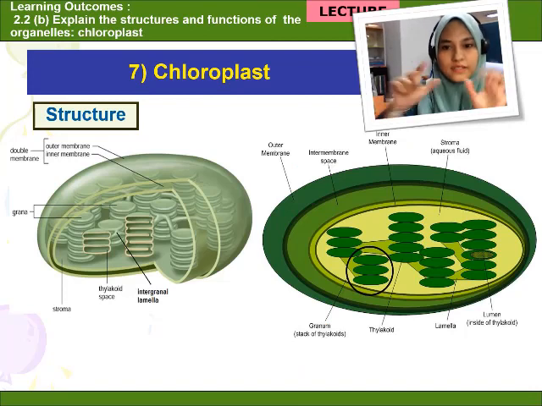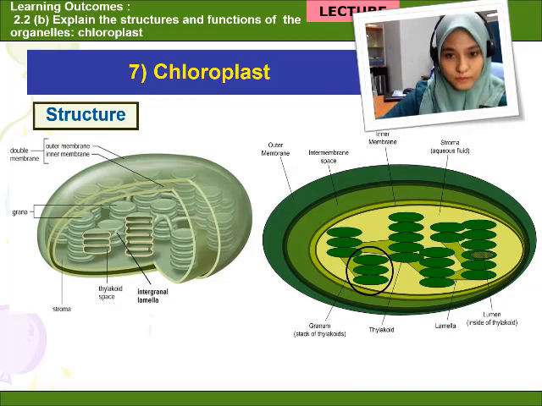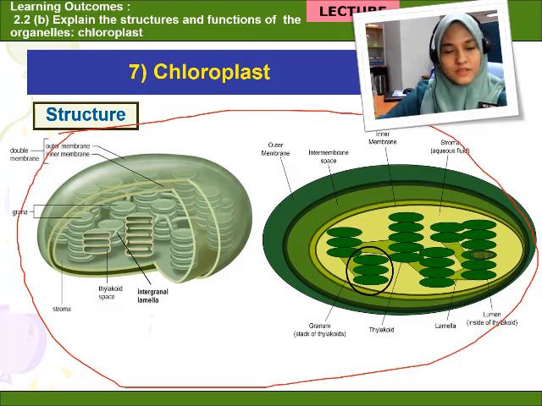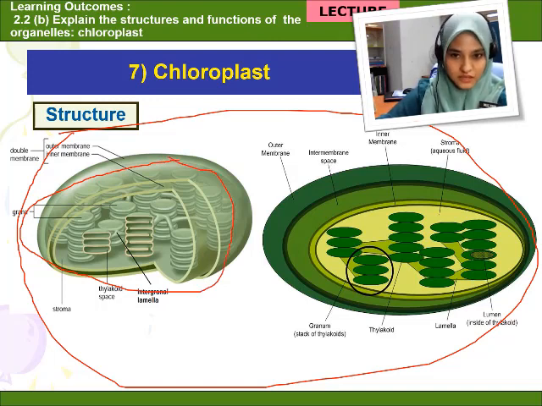For the seventh organelle, which is the chloroplast, here is a diagram of the chloroplast. As you can see, the chloroplast is oblong and biconvex in shape. It is enclosed by two layers of membrane, similar to the mitochondria: an outer and an inner membrane.